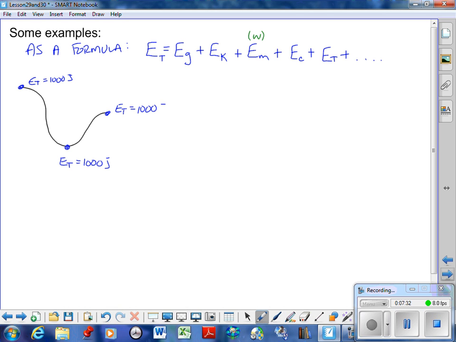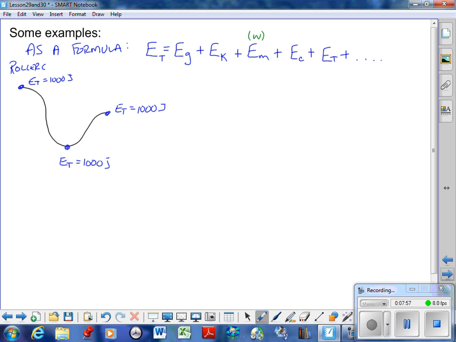Now, we're going to lose thermal energy to friction in the tracks, etc. So in the real world, it's not always going to be 1,000 joules, but in physics, we assume ideal conditions. We assume that we're in a perfect world. So that's true all the way through. So conservation of energy within a closed system remains the same. So that's the roller coaster.